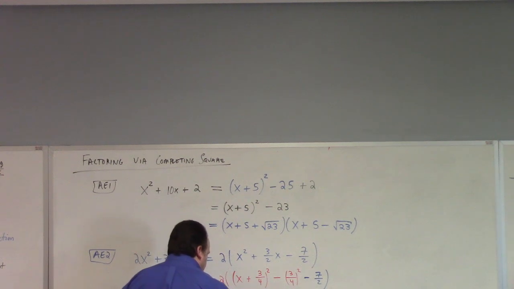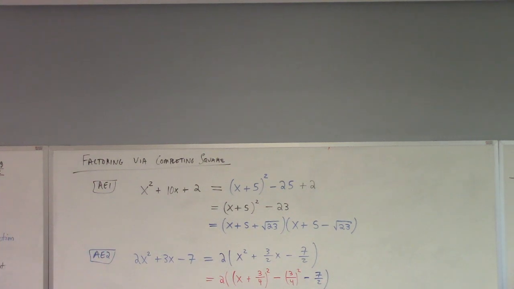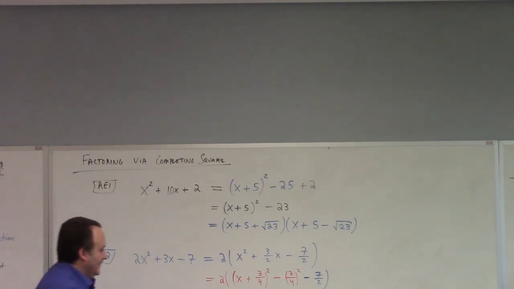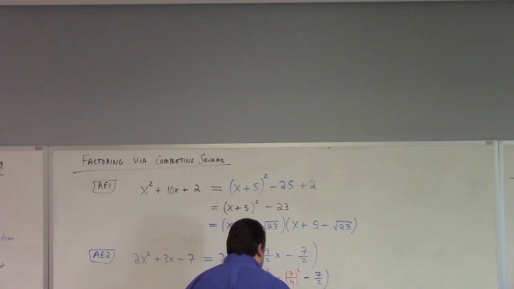You've got (x plus 3/4) squared, and that's minus 9/16 and minus 14/4... which is, what? What's 9 plus 14? Whoa. That's an accident, guys. 23 over 4. Minus 23 over 4.